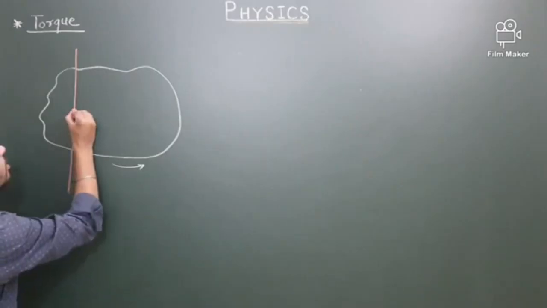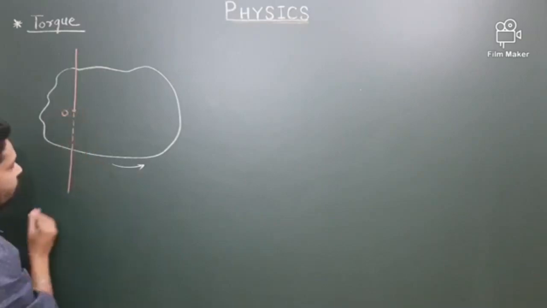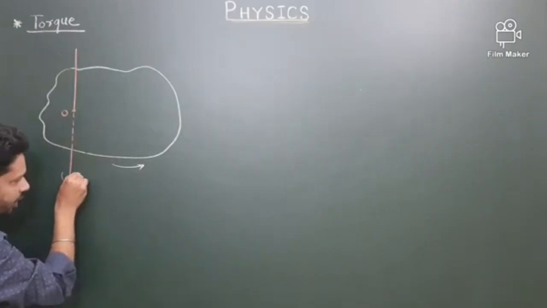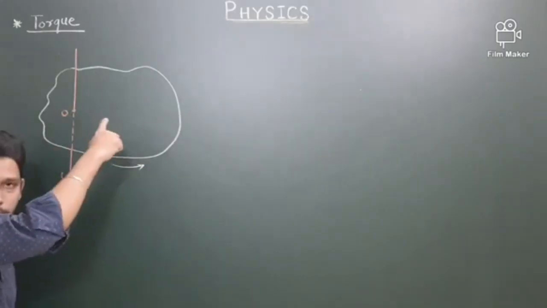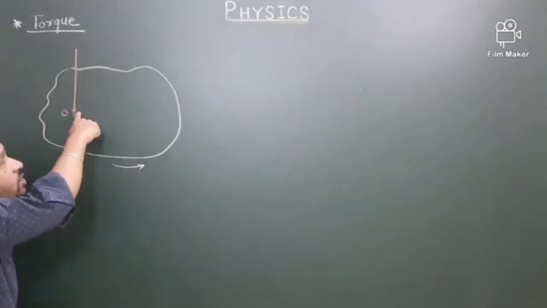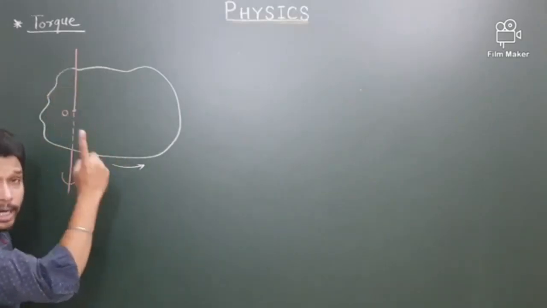So this line which is passing through point O is the axis of rotation around which the body is rotating.